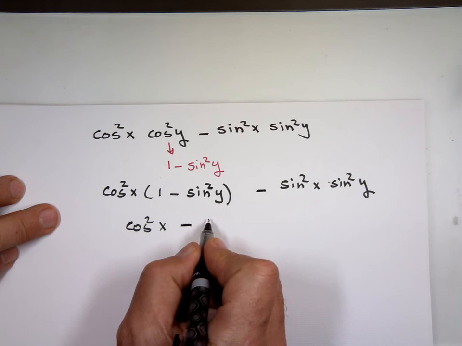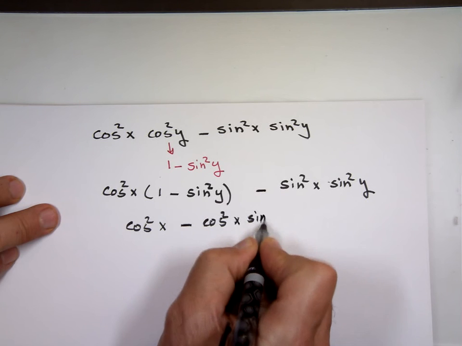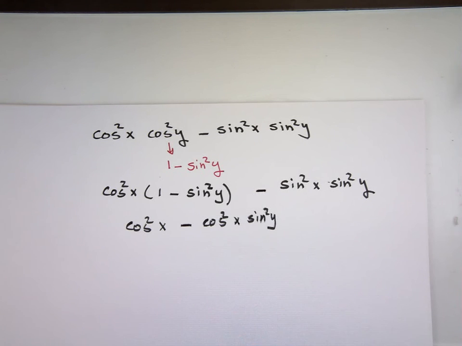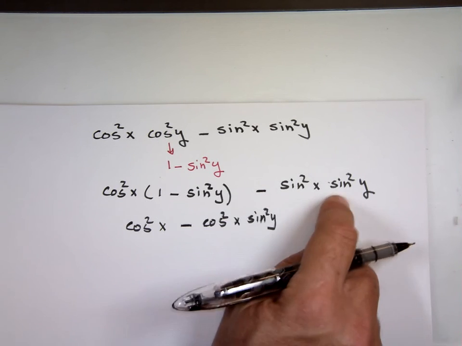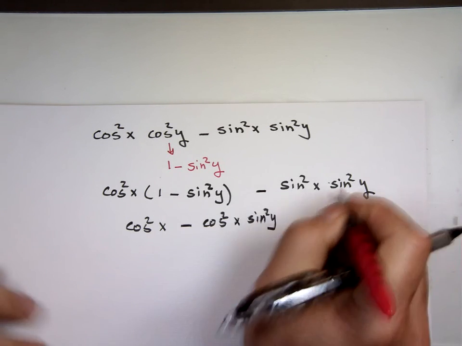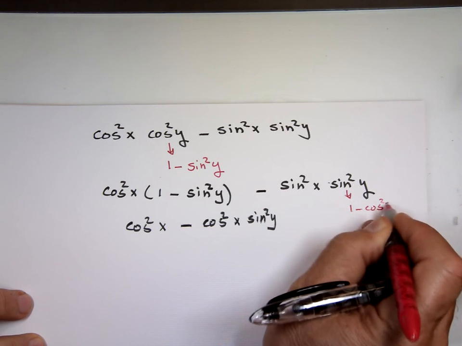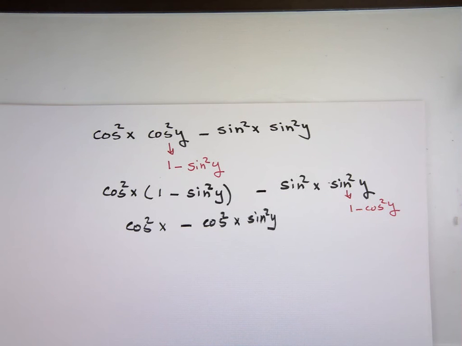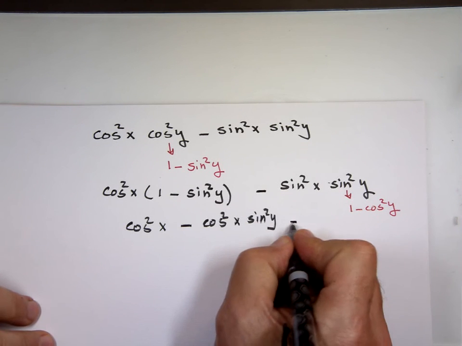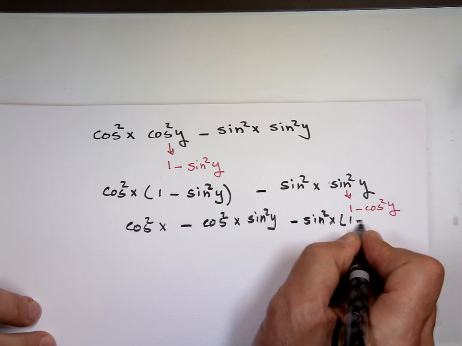Just cosine squared x, sine squared y. Maybe I can do the same thing here. I'm just guessing. Maybe I can take sine squared y here and make that 1 minus cosine squared y. So that'll be minus sine squared x times 1 minus cosine squared y.